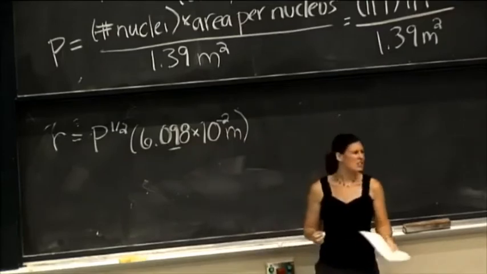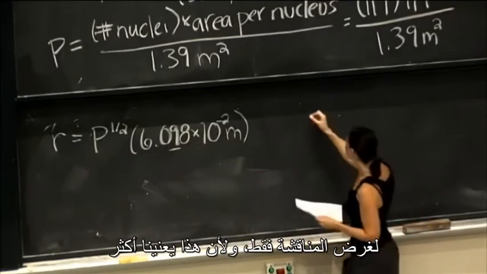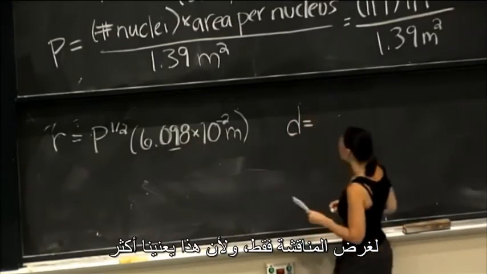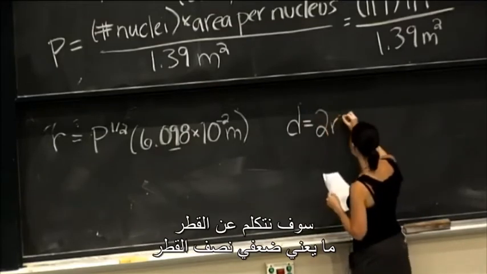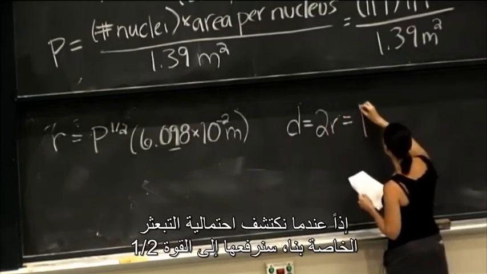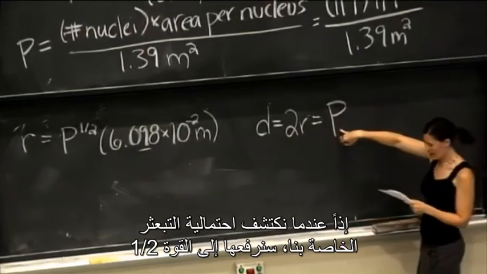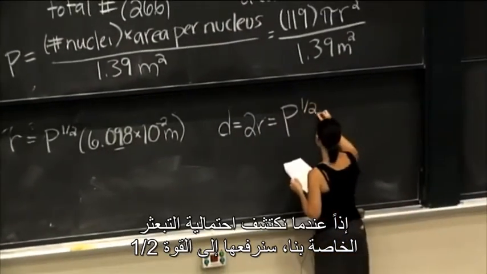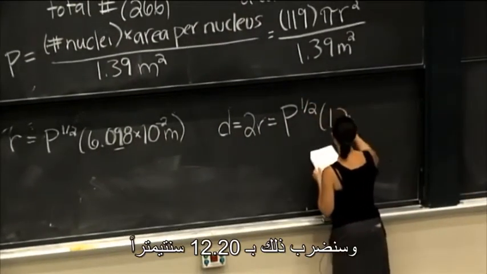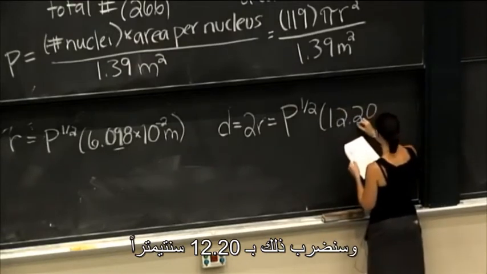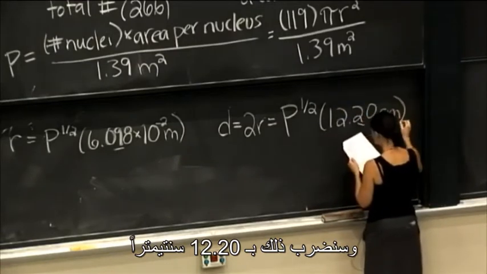Just for discussion's sake, it makes a little more sense for us to talk about the diameter, which is just twice the radius. So once we figure out our probability of backscattering, we'll just raise that to the 1/2, and multiply that by 12.20 centimeters.